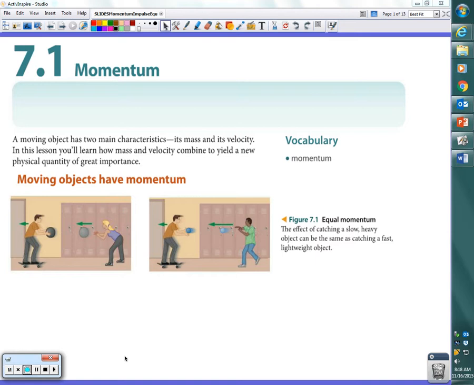If the guy on the skateboard catches that smaller object, he'd still start moving backwards. And what they're trying to show you here is that we can make that guy move backwards with the same velocity by throwing him a big object or a small object. But what else plays a role in that? The velocity as well, right? That how fast we have that object does play an effect on what happens when it interacts with other things.